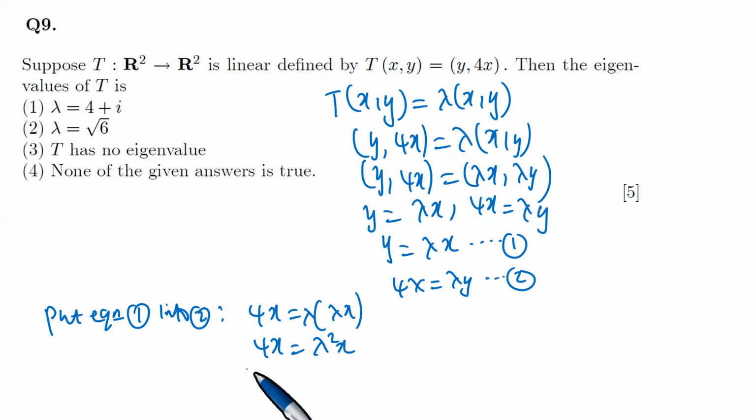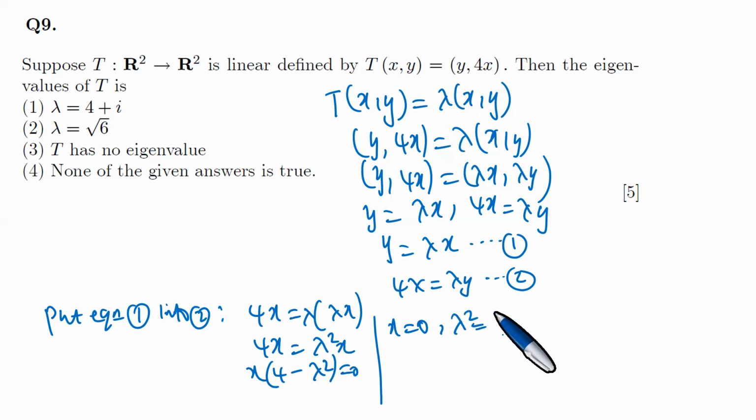Like we did before, you can factor out and write this as (4 minus lambda squared) x equals 0, which means x is 0 or lambda squared is 4.